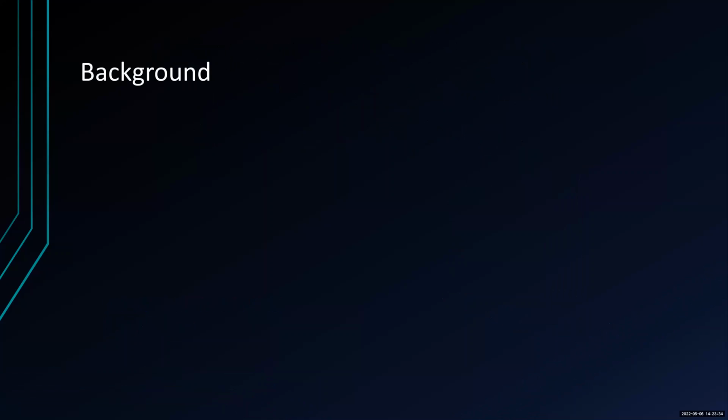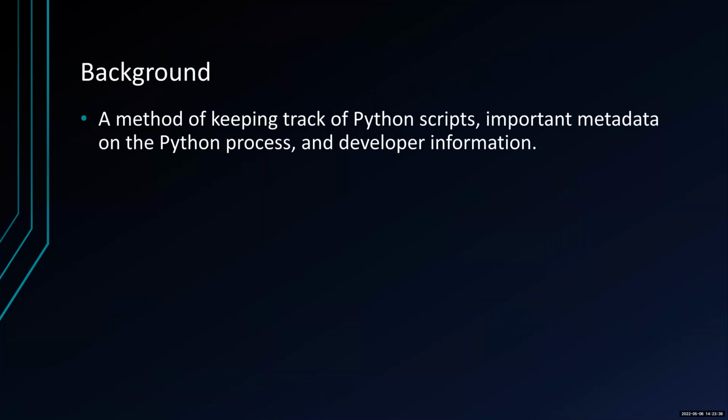So some background on the project. I created a method of keeping track of Python scripts and important metadata on the Python process and some developer information. And what was created was an ArcGIS dashboard to visually display that information.